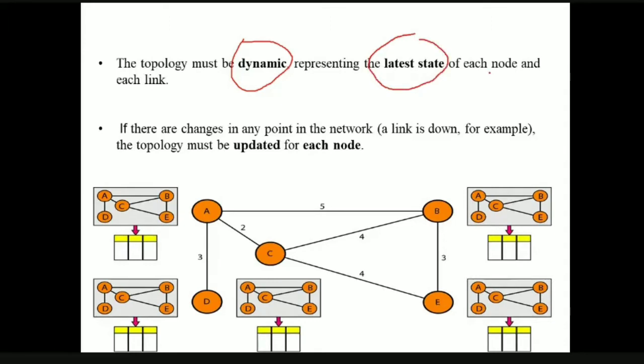The network consists of nodes and links, so the latest states of the nodes and links must be advertised to all the other nodes also. For this reason the topology must be dynamic. Obviously, if there are any changes in the network, they should be updated at each node, isn't it?